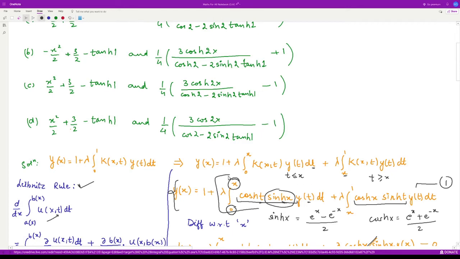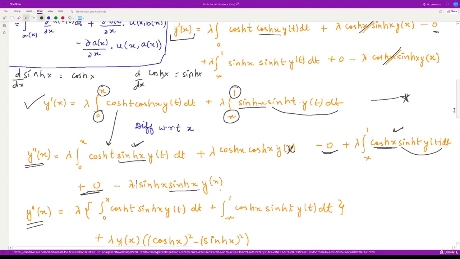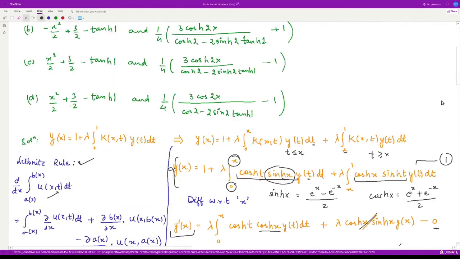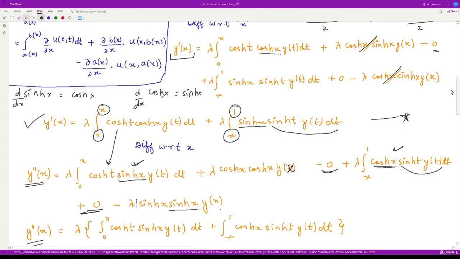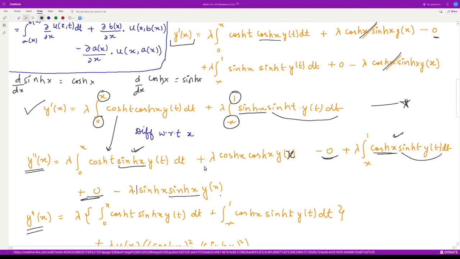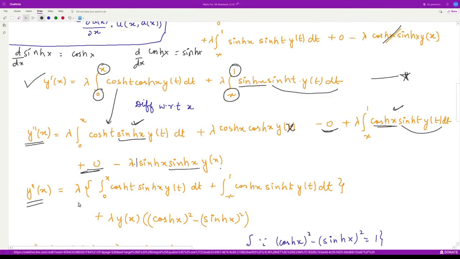What is its value? Its value is y of x minus 1. So let us just substitute it over there. So you see in place of all this we'll write y of x minus 1, right?